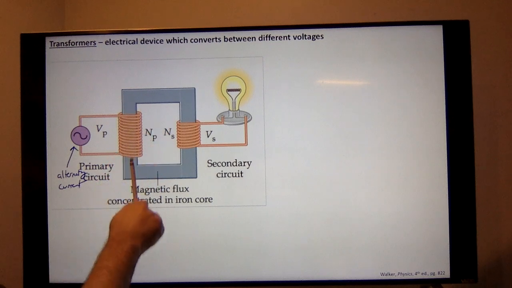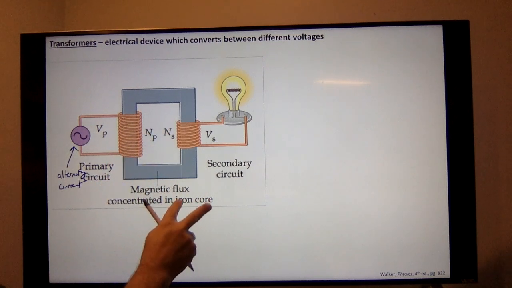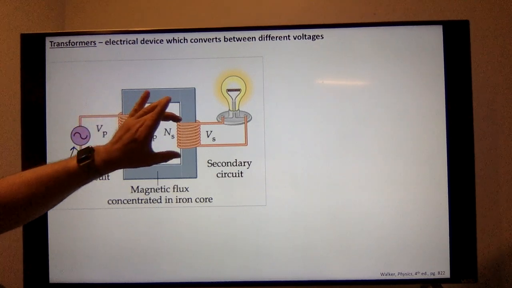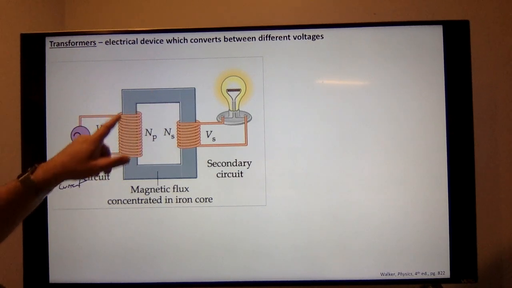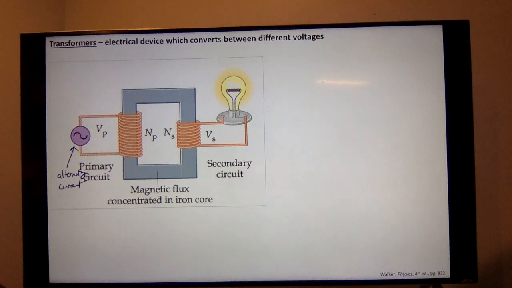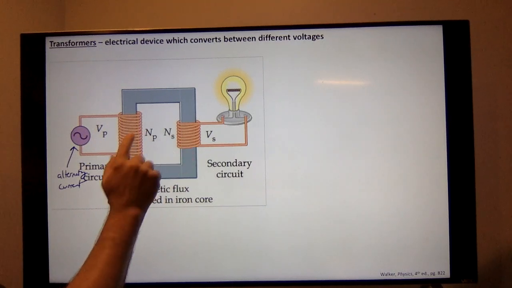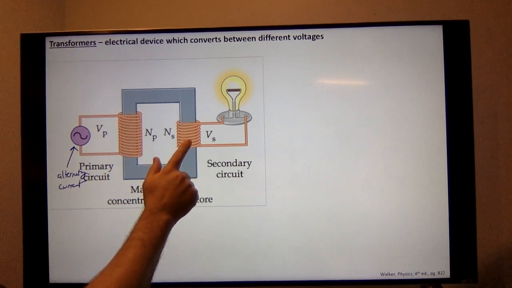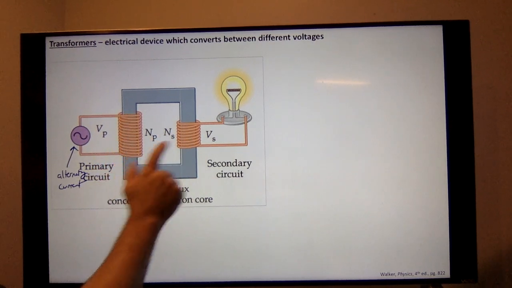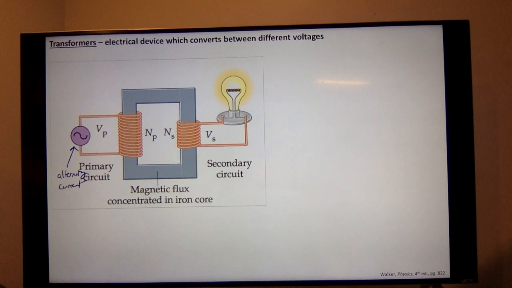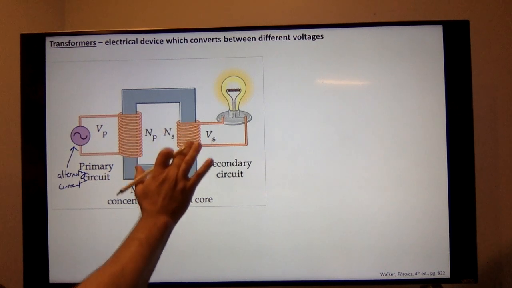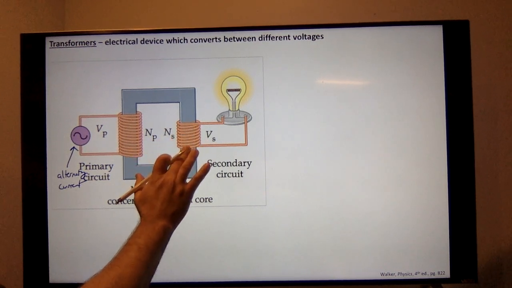Ignore, if you want to, this iron core. This is all insulating. This coil is not physically connected to this one, so there's no way for current to flow. It's just the fact that they're in proximity and the magnetic field of this one is passing through this one and changing. But the fact that I have a different number of loops means that in the N in the equation, whatever voltage I have here, we're going to have a lower voltage over here because there's a different number of loops.